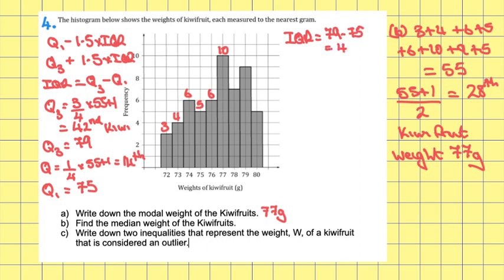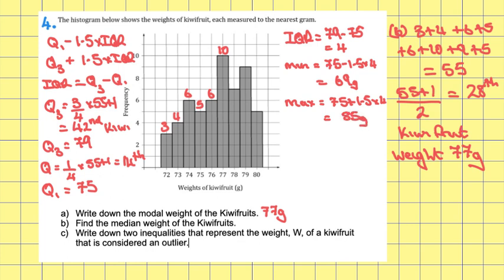Now I can work out the minimum outlier, which is equal to 75 minus 1.5 times 4, which when you work it out comes to 69 grams, and the maximum is equal to 75 plus 1.5 times 4, which when you work it out comes to 85 grams.